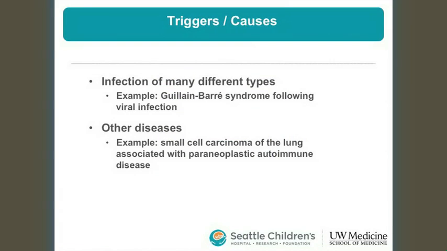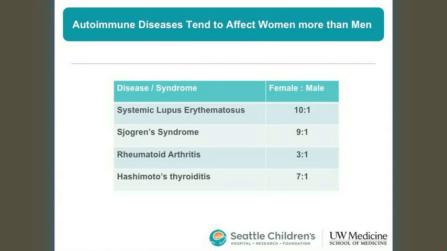And in terms of straightforward examples of triggers, causes, Guillain-Barré syndrome usually follows some sort of viral infection. And I mentioned small cell carcinoma of the lung and paraneoplastic autoimmune syndromes. This is the autoimmune diseases, including the most common autoimmune disease in the United States, Hashimoto's thyroiditis.